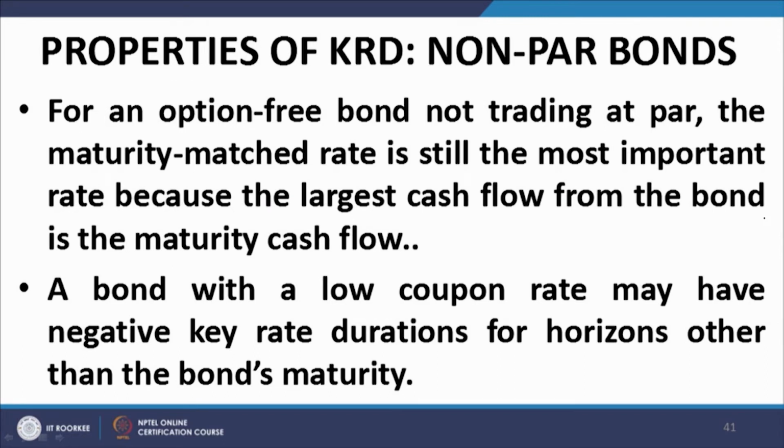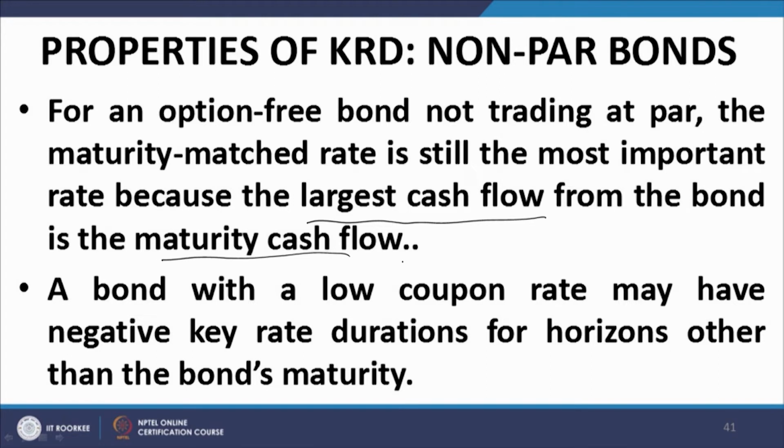Properties of key rate duration for non-par bonds. What happens for an option free bond not trading at par? The maturity matched rate is still the most important rate. Why? Because the largest cash flow, that is the redemption of principal and the final coupon from the bond, is at maturity.